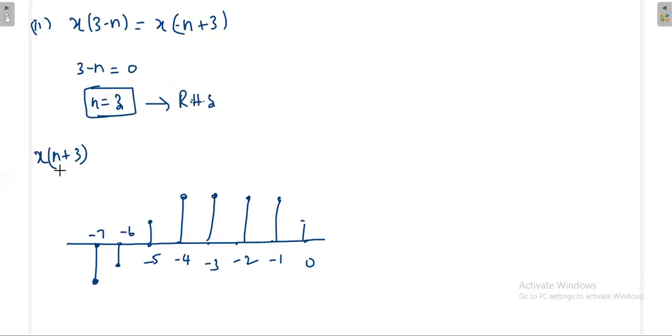So I have calculated x of n plus 3, but what I need is x of minus n plus 3. Now for this diagram, you apply the time reversal. Time reversal means mirror image with respect to the y-axis.